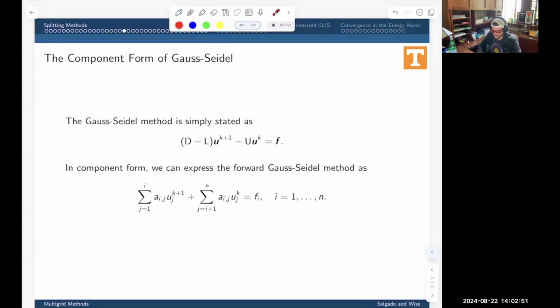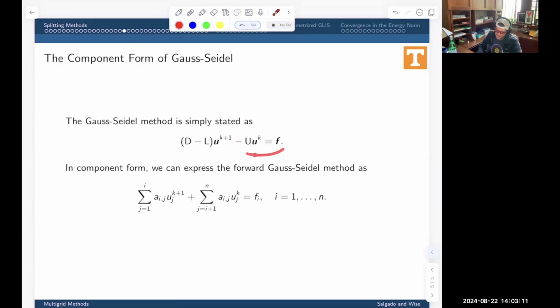You've probably seen that before. What about the component form for the Gauss-Seidel? So let's start off by writing things the way we did before. So the Gauss-Seidel method, what we did was we attached to this D minus L factor the uk plus 1. Previously, we had moved this guy to the other side.